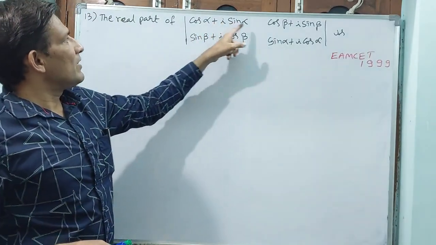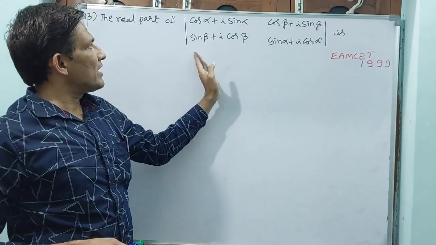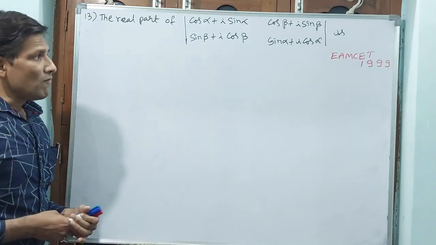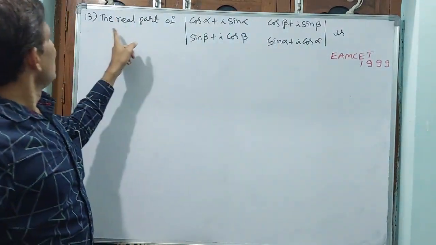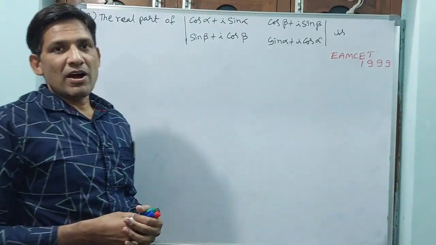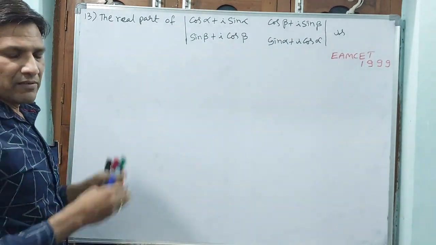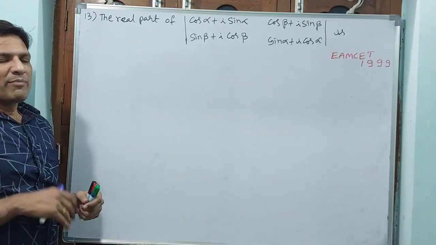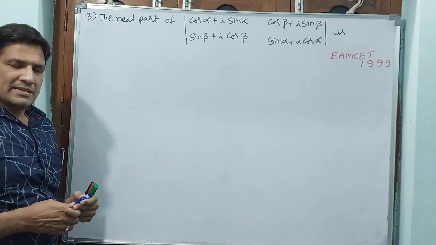Observe carefully, alpha, alpha, beta, beta, sin, cos, cos, sin are there. They are asking for the real part of this determinant. You have to find delta, that's all. If you find delta, automatically the final answer will come, in two-component form: real part and imaginary part will be there. Then let us see what will happen.